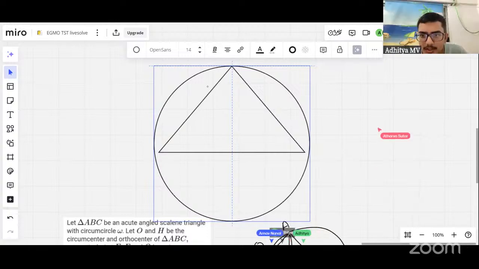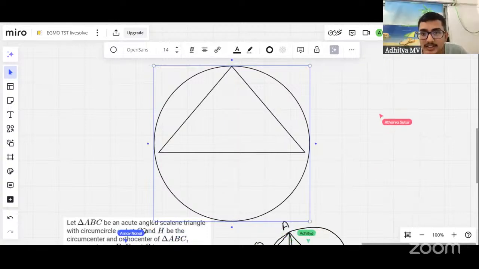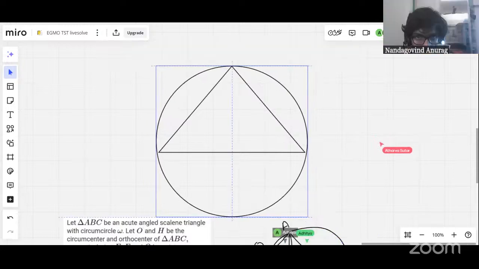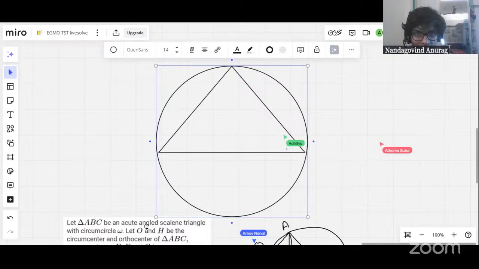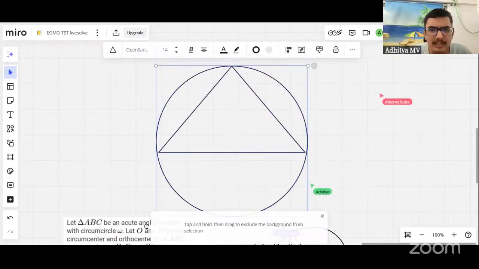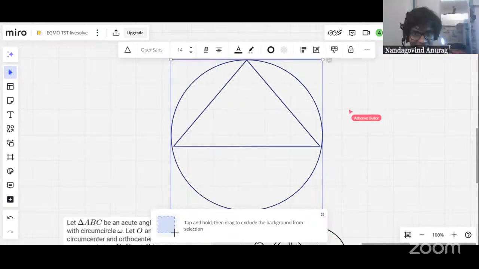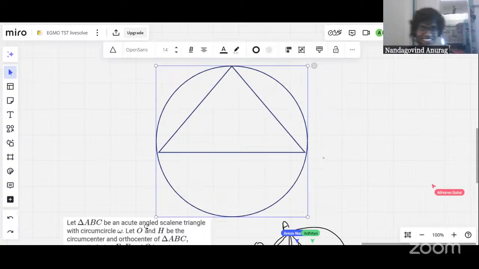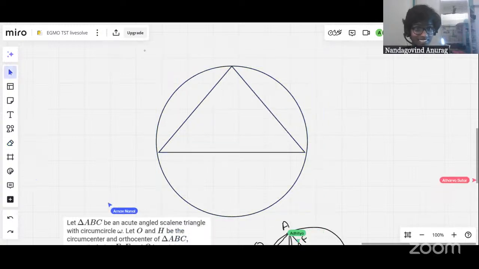Okay, so just EH parallel to BC and FH parallel to AB. Wait, don't draw isosceles. Wait, Nitya, are you doing a diagram? Yeah, I tried using the smart drawing tool that they had. It made it isosceles.